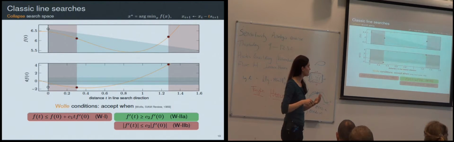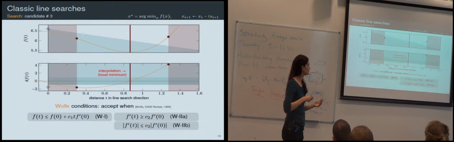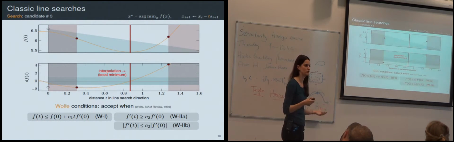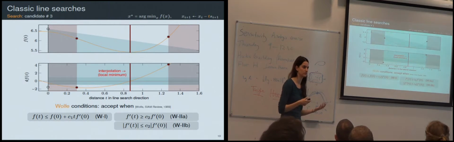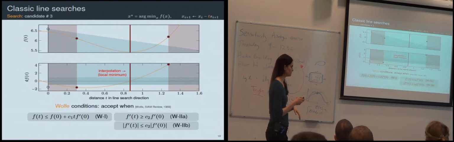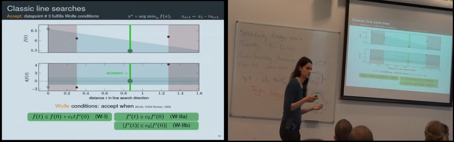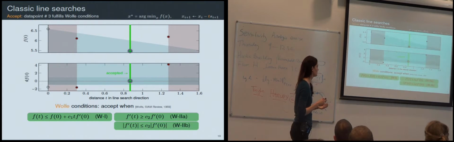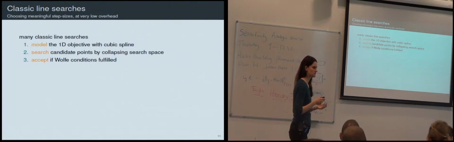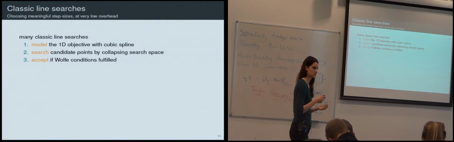So to the right of here, probably there's nothing to look at. To the left, neither. And now it's trying the local minimum of some curve that you lay through here. And this is just some polynomial, maybe a third-order polynomial. It evaluates here again, and now this point lies inside the green areas, and it's accepted. So that's the basic concept of a classic line search.